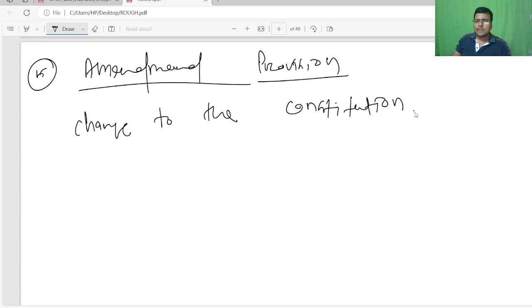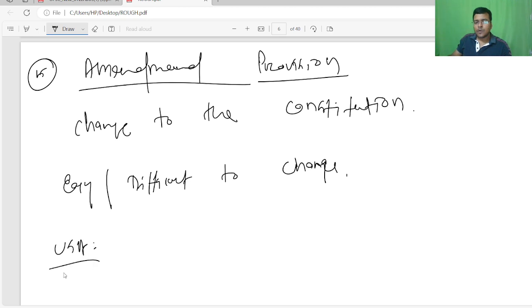So the constitution determines if it is easy to change, or very difficult to change the constitution. For example, USA only 10 times. USA, it is very difficult to amend.